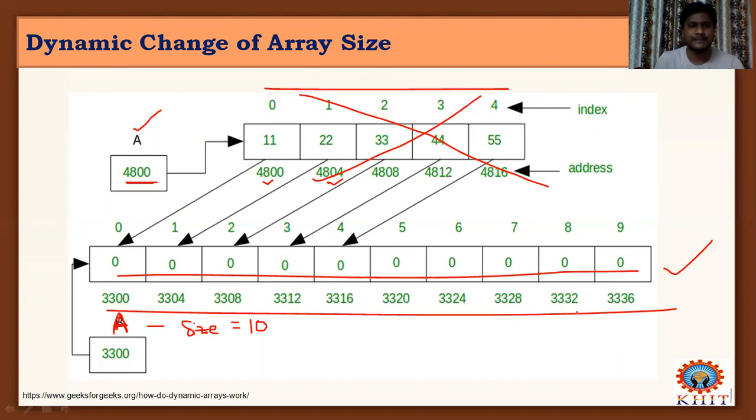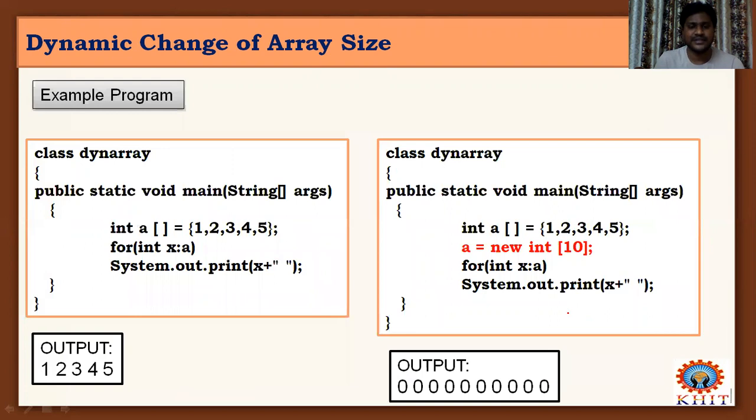Got it? And for better understanding, an example program is also given. Dynamic array size inside the main function. I first declared one array A, and without the new operator, I can initialize 5 values to this array.